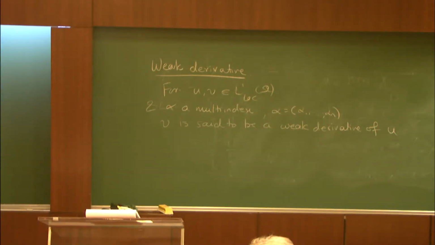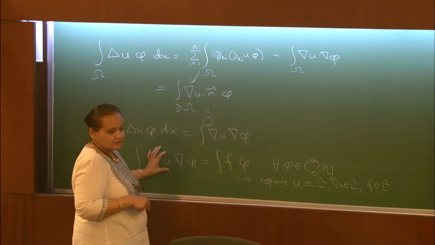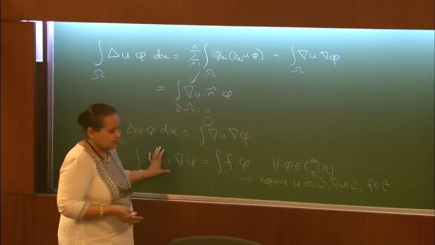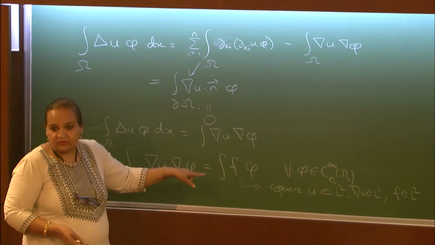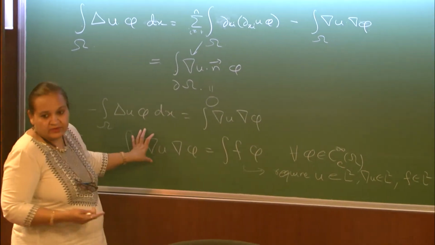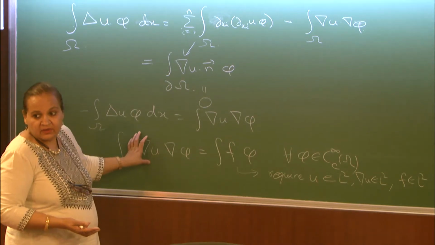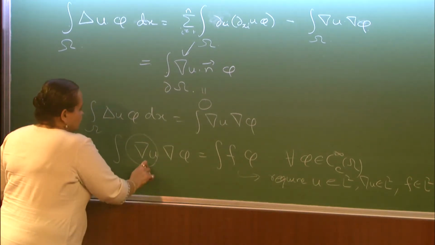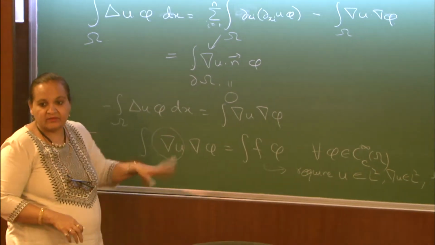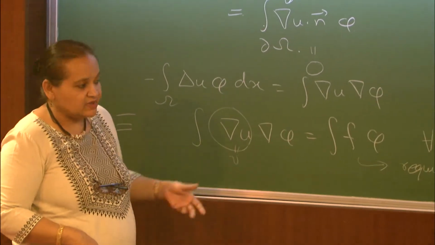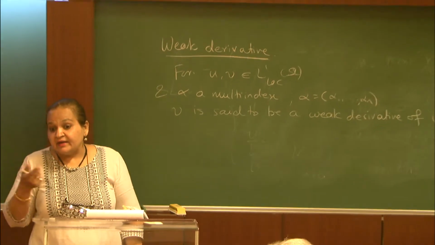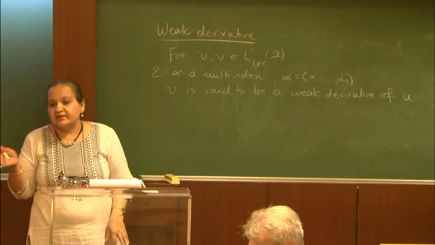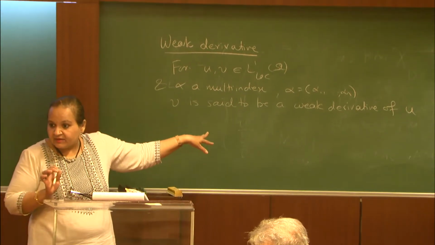When I was trying to solve this problem and looked for the solution, I just required this integral equality to be satisfied, and I only required to begin with that this particular quantity is in L2 space. So it can make some function v. Then later on I will find out its smoothness and all that. So that kind of function which represents the gradient of a function, the derivative of a function, is called a weak derivative.